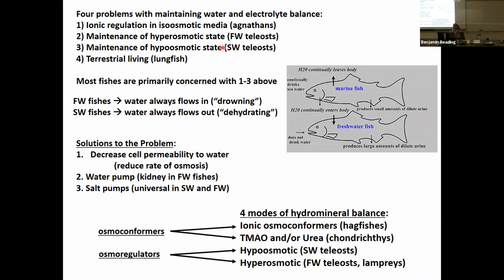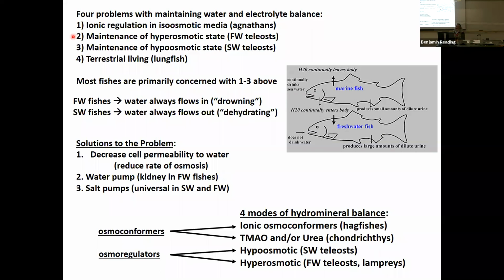This means that the saltwater fish has solutes in the blood that are lower in concentration to its environment, meaning that water is always leaking out of the fish and into the water around it, the marine environment. And then you've got the crazy lungfish. They live on land, so they have to deal with outright dehydration. And so these are unique in the sense that they have similar structures to us, a very tough integument that prevents them from drying out, just like we have a skin that prevents us from drying out.